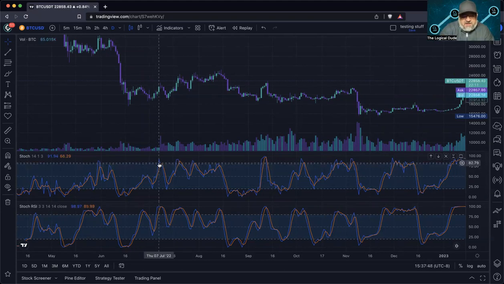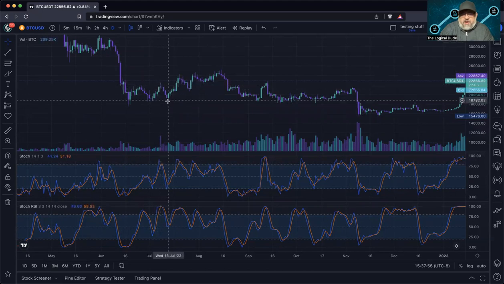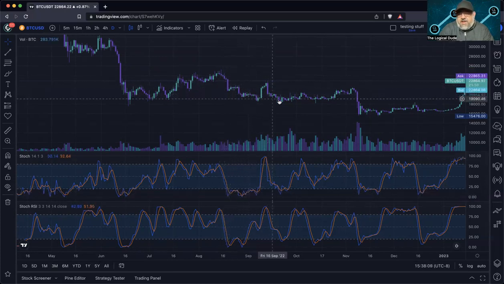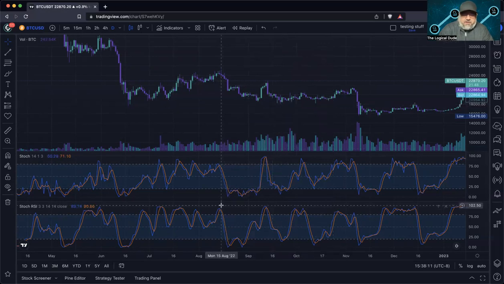If we look at this particular example here on the daily time frame, when the K line reached over this level, that was the top of this little run here, and it did come down. So we came down here to the bottom. And the same way, if we're below the 20 line, it's considered oversold. And if it stays below the 20 line for a while, that's looking like it's going to be a nice little downtrend for a little bit.